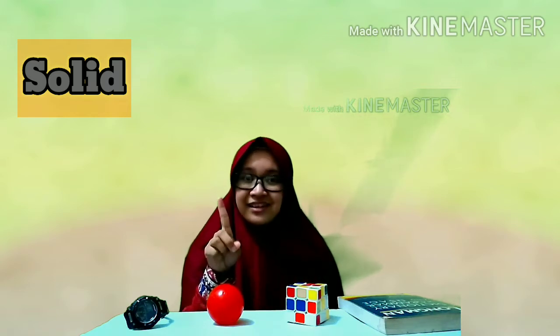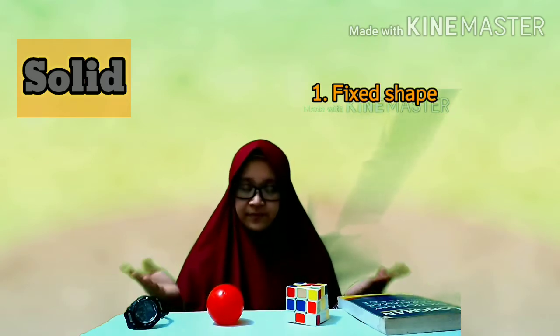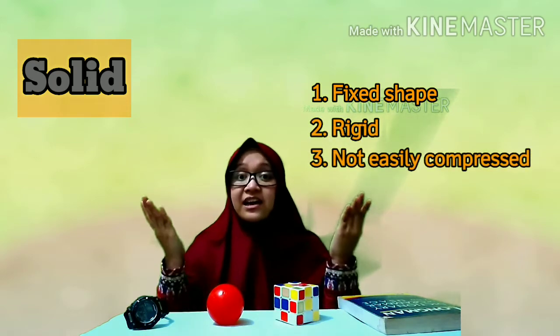Okay, as you can see, if we try to compress this cube, it's really hard to compress. So, the characteristics of solid objects: the first is they have a fixed shape. The second, they are rigid.